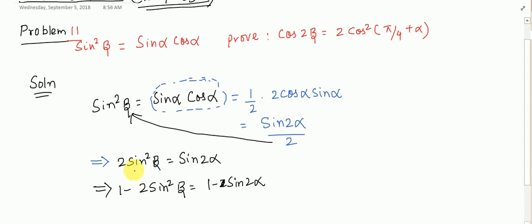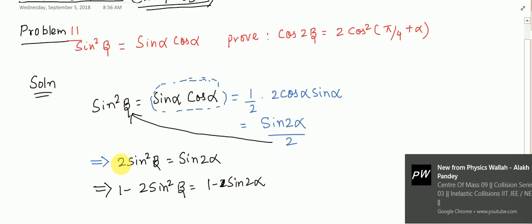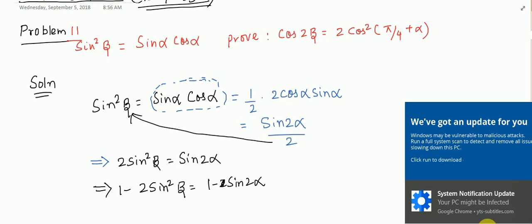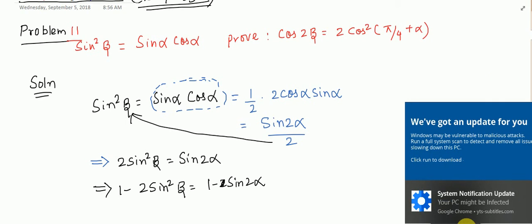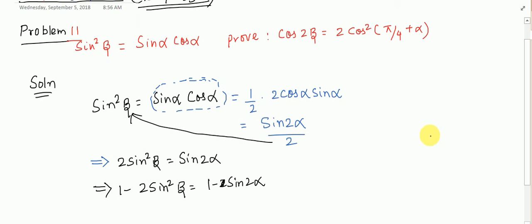I can do this, because even if you want to, you can write this as minus 2 sine square beta and minus sine 2 alpha, and after that you can just add 1 to both the terms. So that's what I have done over here, nothing else.